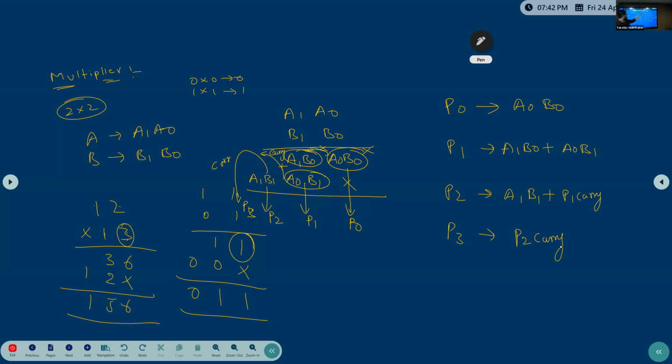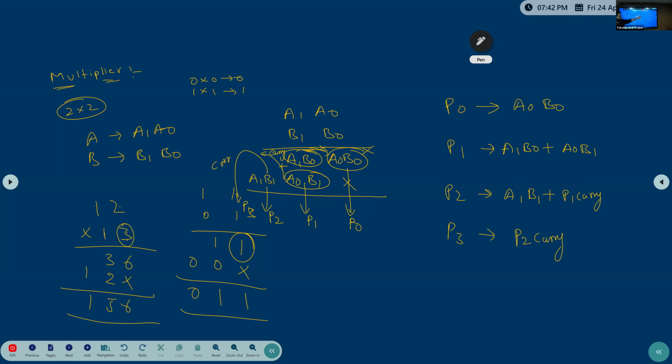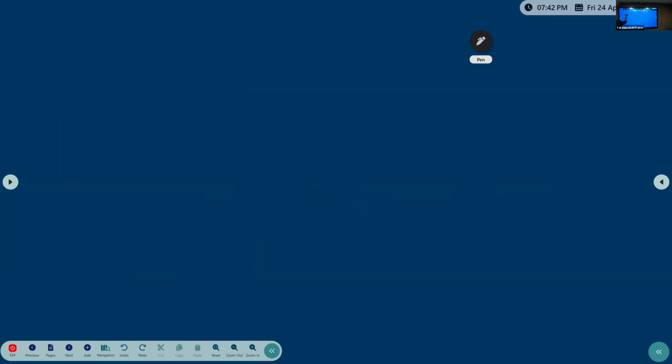All right. So let's implement this in the circuit format. First A0 B0. So take A0 and B0, both go to an AND gate. Then this one will be P0 directly as output.